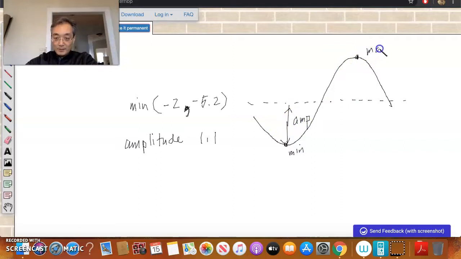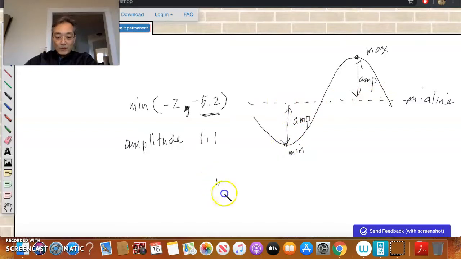Here's our max. Here's the amplitude again, and we know these amplitudes are equal, right? So if we want to find the midline here, we just need to take the minimum and add the amplitude to the y coordinate, right? So take the y coordinate of the minimum, which is negative 5.2, and we're going to add 1.1 to it to get up to the midline.